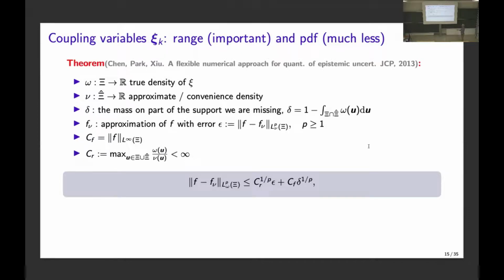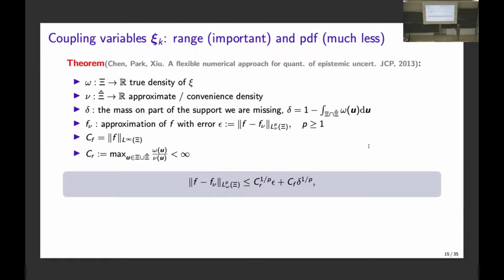The theorem says that the error that I commit by replacing the surrogate built with respect to the exact measure with the surrogate built with respect to an approximate measure has an error that is composed of two terms. One term accounts for the delta.